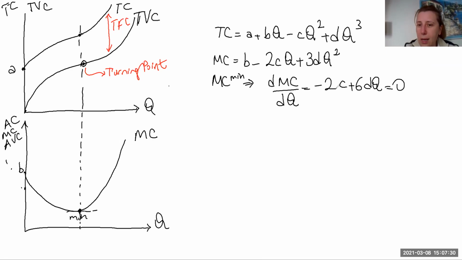So you can understand why the expected value of C is negative here, because we find the positive value of Q here, which is Q equal to C over 3B, right? So here, that's right. This is C over 3B, of course, the turning point of the total cost and variable cost function, C over 3B.